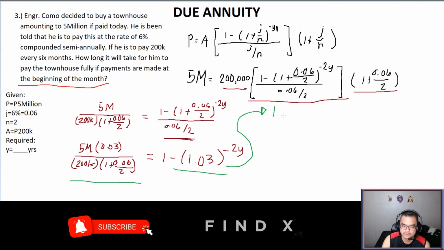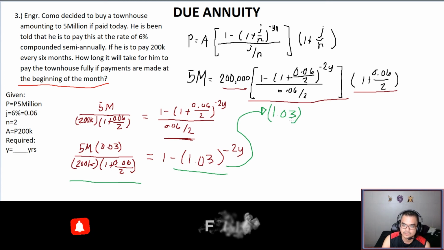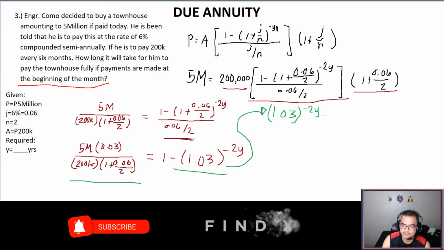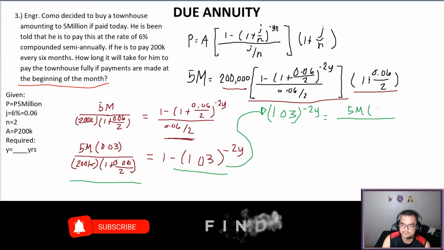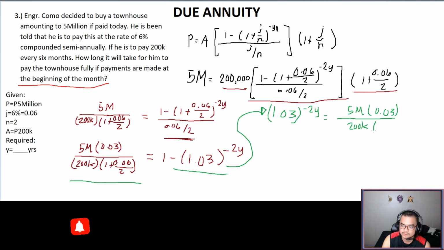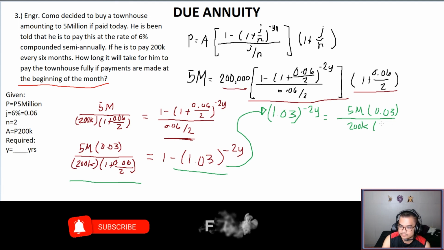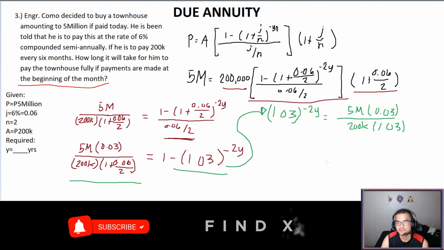That will become now positive 0.03 raised to negative 2y equal to 5 million times 0.03 over 200,000 times 1 plus, that's also 1.03, right? Simplifying it. Okay, so what is the next step? We can take the ln of both sides.